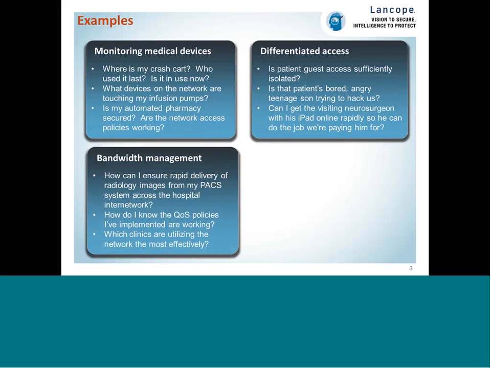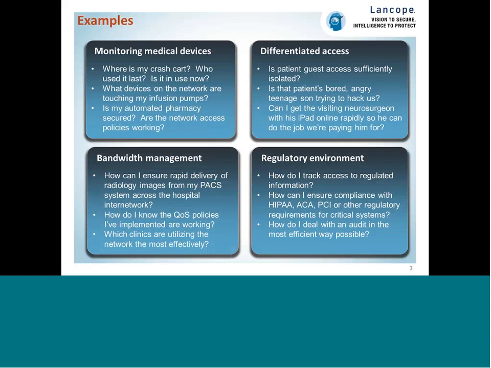How do I know what's using those links? Which clinics are utilizing the network the most effectively? Clinic bandwidth sometimes can be challenging. How do I know that the clinics are properly using it? And how do I make sure that employees at the clinics that maybe aren't so busy aren't streaming off of a streaming media site and eating up bandwidth that I need for patient care?